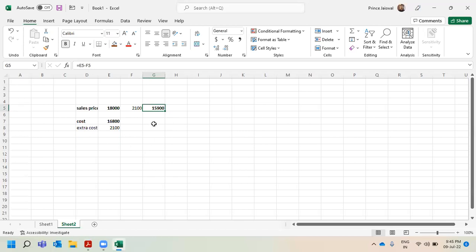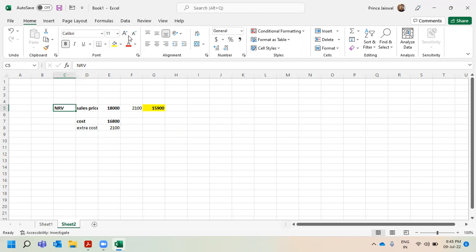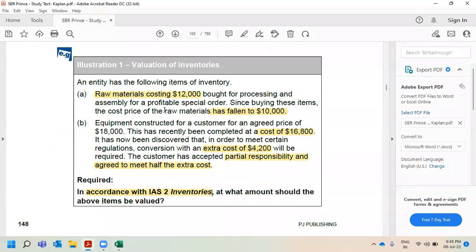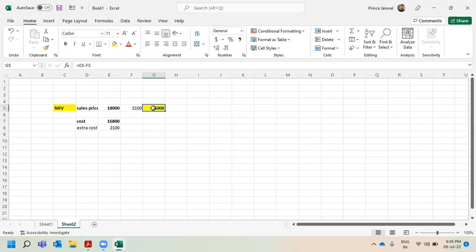Now I have to value it at the lower of cost and NRV, so my lower is NRV. In accordance with IAS 2 inventories, I will value this inventory at 15,900.